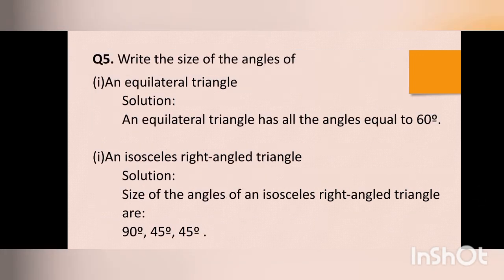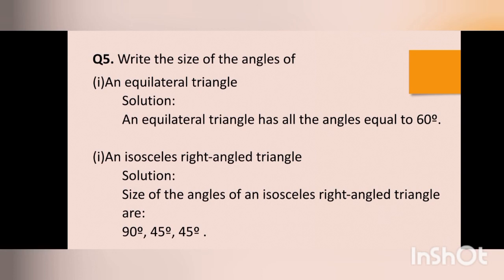Now question number 5 is write the size of the angles of an equilateral triangle. I have told you before that an equilateral triangle is a triangle in which all the angles are equal to 60 degrees. An equilateral triangle has equal sides and equal angles. Now part 2 is an isosceles right angle triangle. We need to tell the size of the angles of an isosceles right angled triangle.